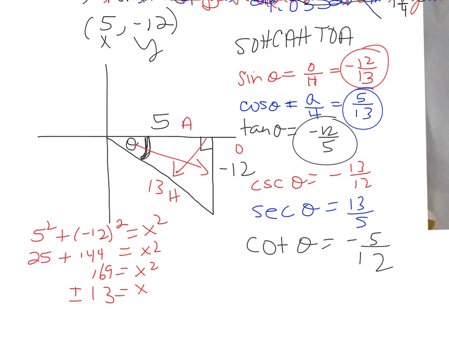Okay, so number 9 is to write the equation of a cosine curve, and they give us the amplitude is equal to 3.